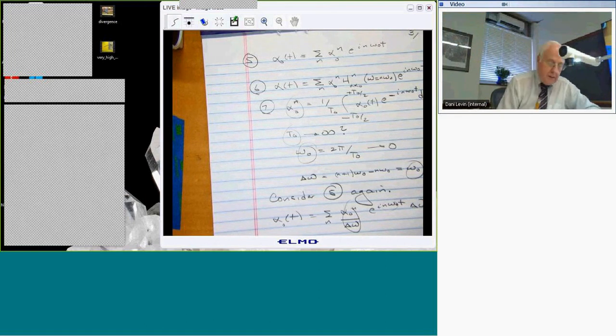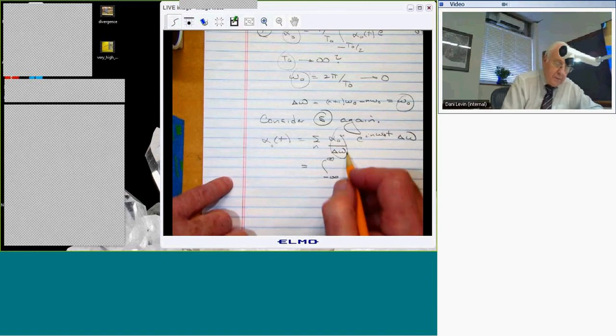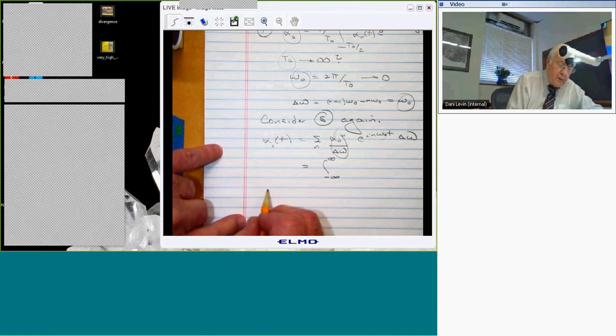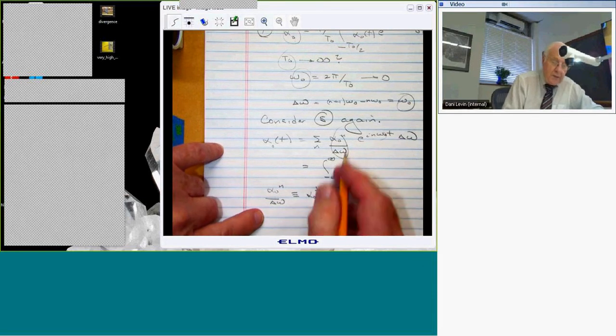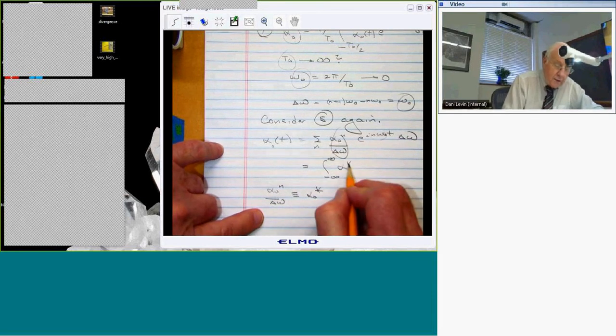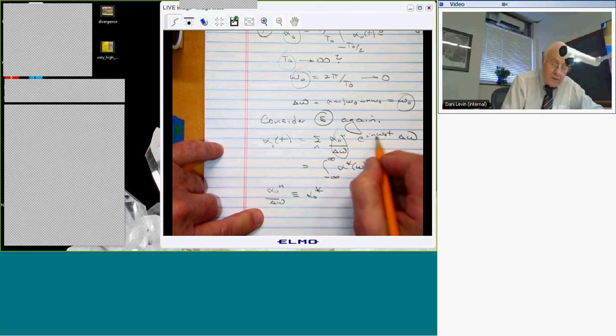So this becomes an integral over frequency of this thing, which I'm now going to define suggestively as alpha star, which now becomes a continuous function of frequency. e to the i n omega naught is just omega t, d omega.